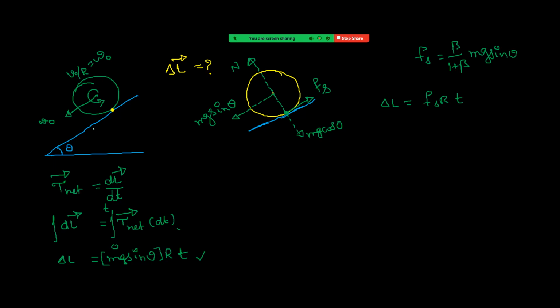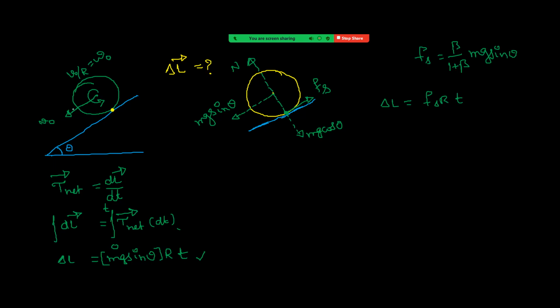If friction is sufficient, body continues to roll without slipping. But if it is a smooth surface, initially this is V naught, this is V naught by R. But when it is a smooth one, there is no torque about center of mass. That means throughout the motion, omega value does not change.